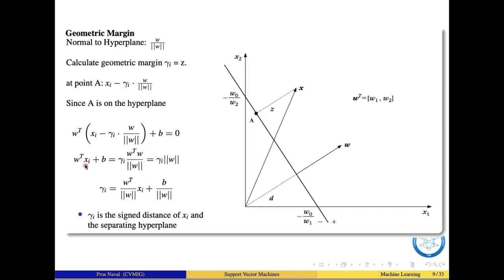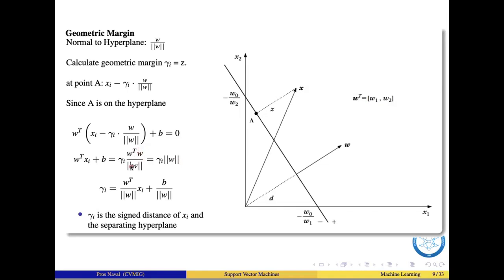So W transpose XI plus B is equal to gamma I, your geometric margin, times W transpose W, which is a product, divided by the norm of W. Now, this W transpose W is just the norm squared.